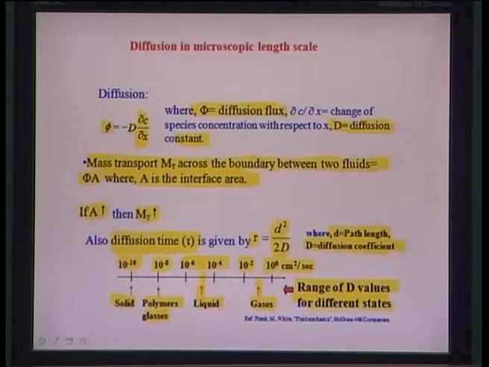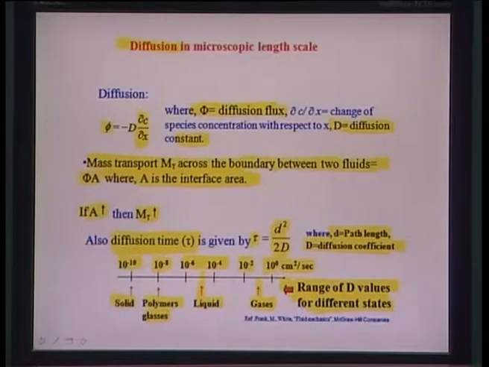So at the end of the day, when it emerges out from the other side of the chip, they are fully mixed. Okay. So range of d values for different states are indicated here in this particular illustration.